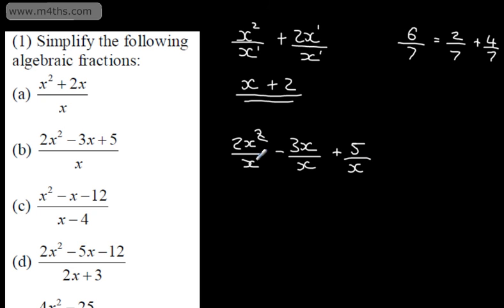If we have 2x squared divided by x, the x will cancel now to simply give us 2x. We've got minus 3x over x, which is going to give us minus 3. And then we're going to have now plus 5 over x. An alternative method here is to simply say I'm going to now multiply through by x to the negative 1.